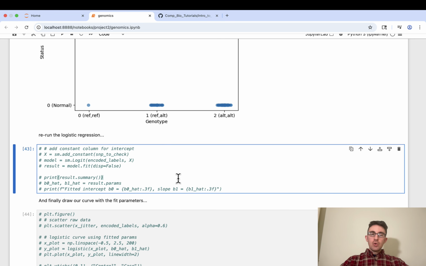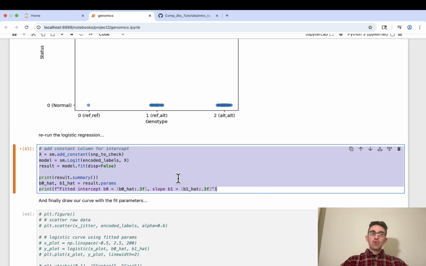And then if we want to, we can go ahead and rerun the logistic regression for this SNP of interest. And then, like we did before in the earlier videos, we can plot the fit logistic curve on top of the data for this SNP.